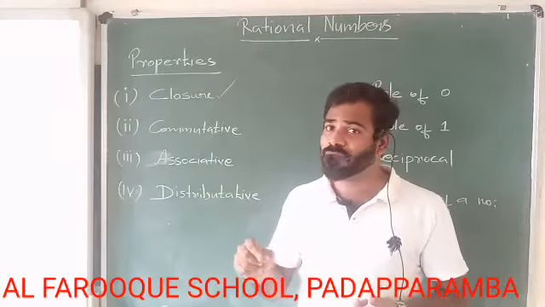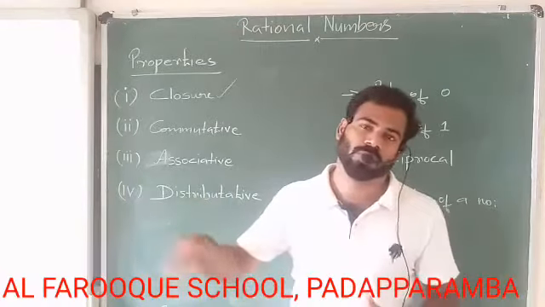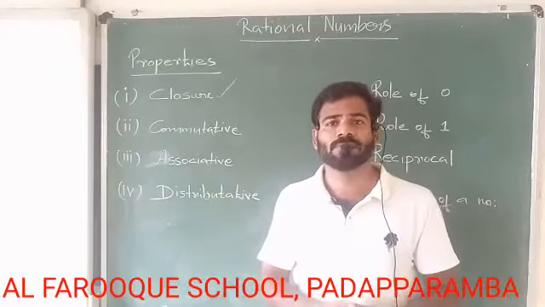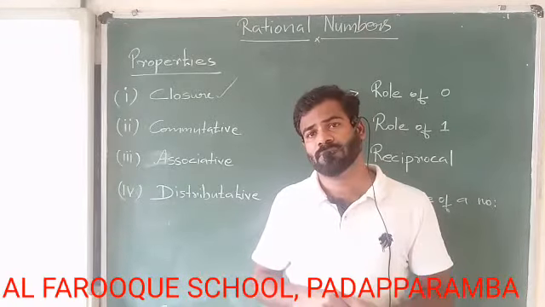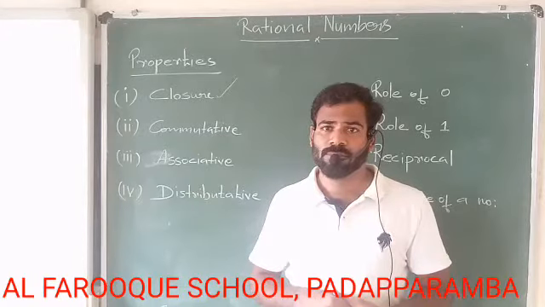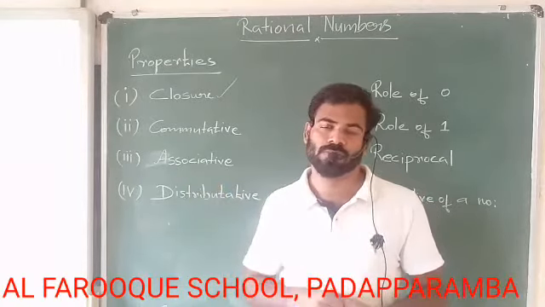But in the case of division, rational numbers are not closed. Why? If we take any two rational numbers and divide them, the result should be a rational number, except for division by 0.